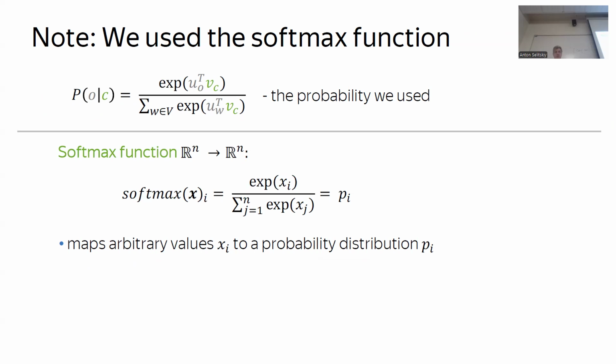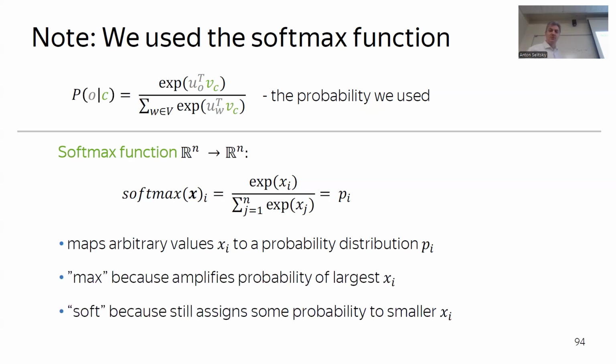But if it increases the probability for one word pair, what will happen with the other probabilities with other words? They will decrease a little bit. The sum should always be 1, so to keep the sum the same, they will decrease. It's kind of like if you have a pizza and you take the larger piece, then your friends will get smaller pieces. So this is the first idea that will be useful.